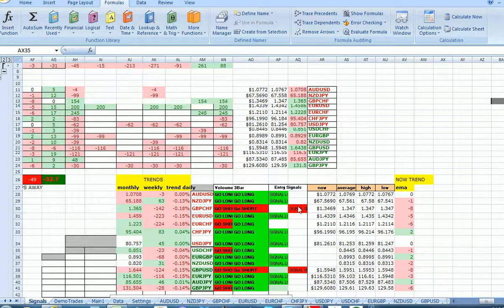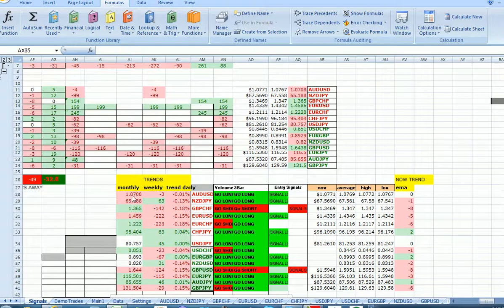So let's look at some of the things that we can see. We are looking at the now price, the average price, the high price and the low in the hour trend. We're looking at this current at 10772, and if we're trading short, then we want some things in our favor.